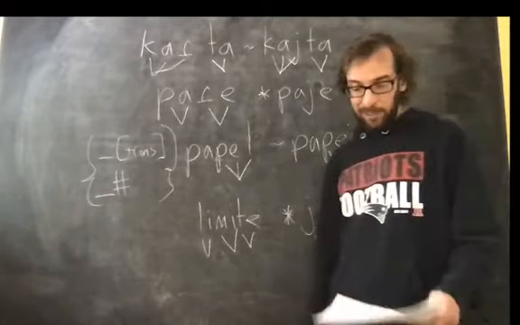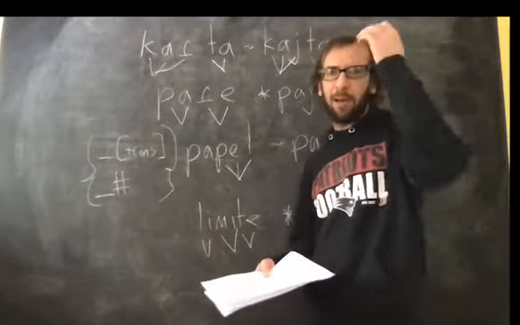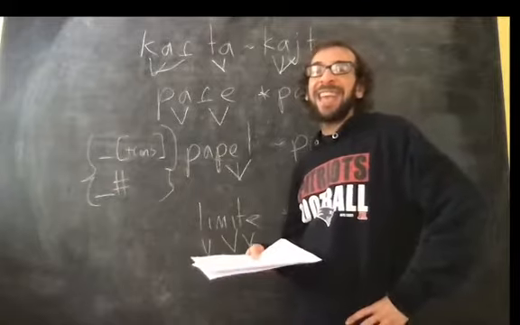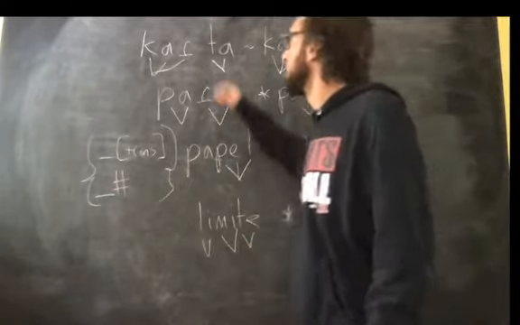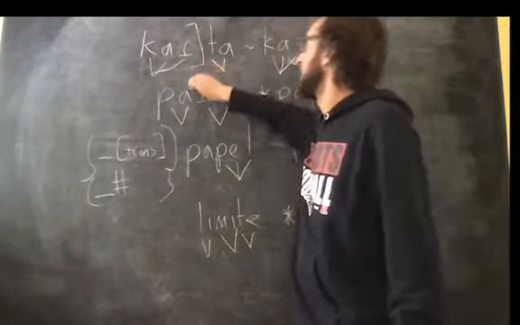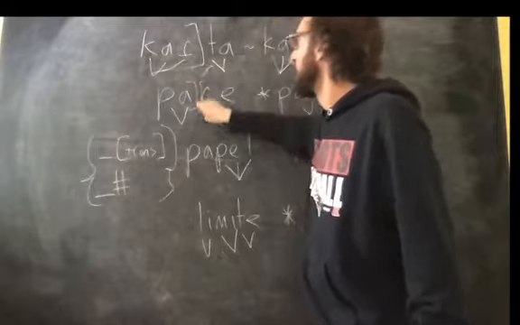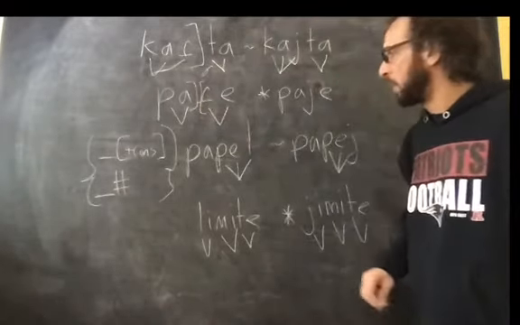Another way of saying this is that the rule applies when liquids become the palatal glide at the end of a syllable, when they're adjacent to a syllable boundary. Adjacent to a syllable ending boundary, not when they're at the beginning of a syllable. It doesn't work that way.